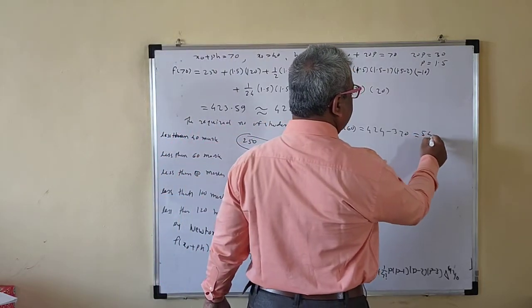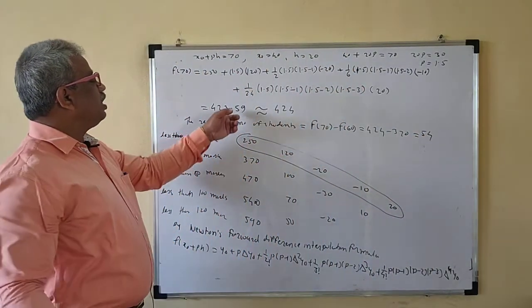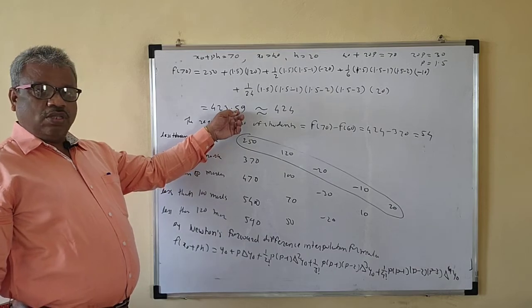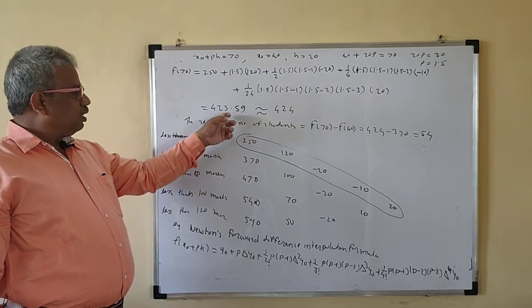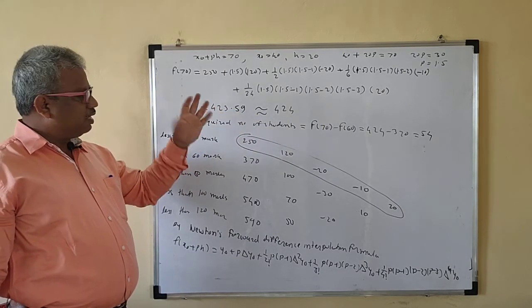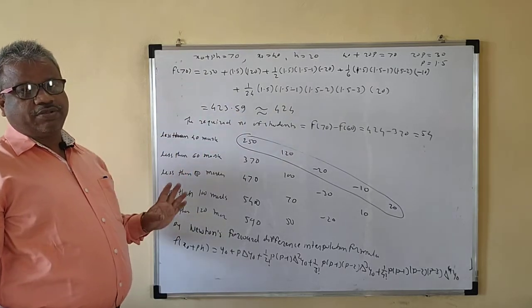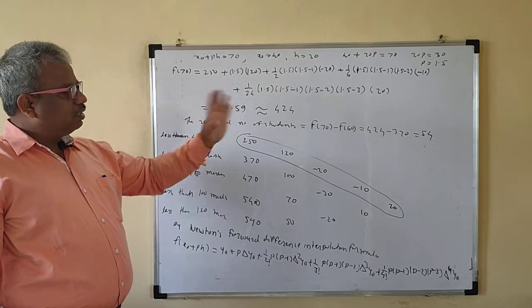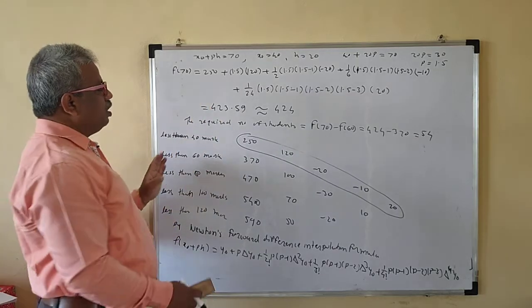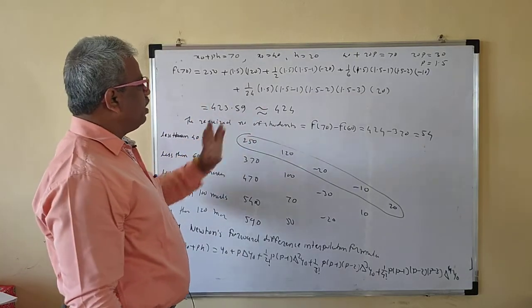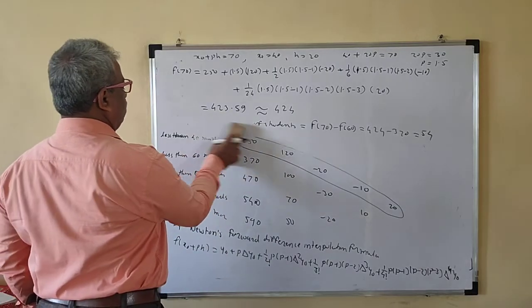So if this is not a 5, this is a 4, something like this, then this would be 423. Or it is better to write whatever the answer will be. This is 424 now. If it is beyond this one, just write 424. Whatever the decimal point will be, just write 424.